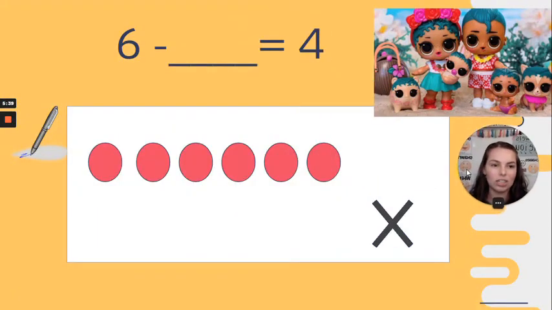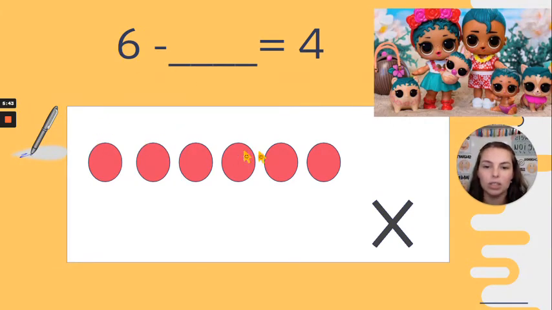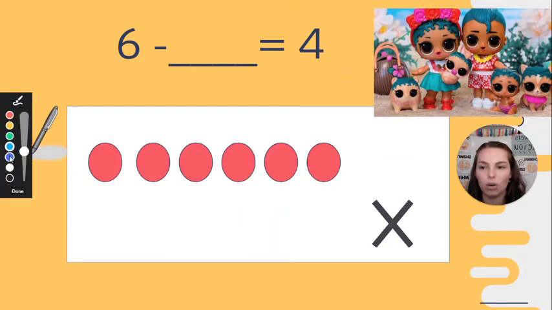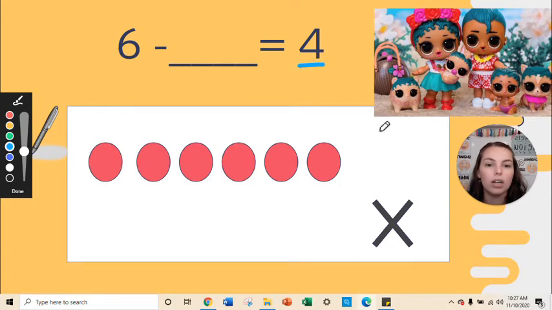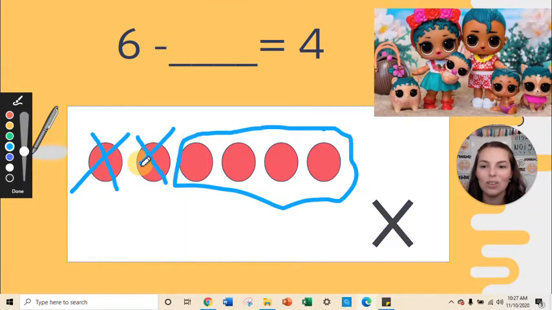Okay, so let's try to solve this. I started with 6. 1, 2, 3, 4, 5, 6. Draw your dots. And let's circle. Instead of starting with Xing out, we're going to start with circling. I want to end up with 4 dolls. So circle 1, 2, 3, 4. Put a square around it. How many will I have to X out? 1, 2.